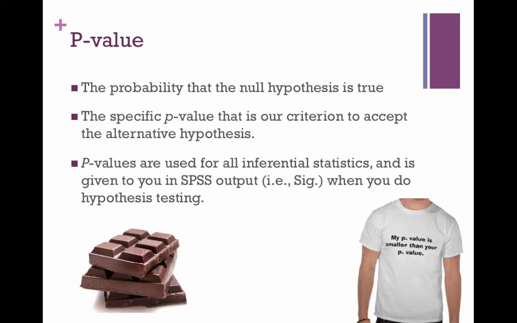If you get a p-value of 0.01, then this is telling you that the null hypothesis is true about 1% of the time. And so p-values are used for all inferential statistics, all of the hypothesis testing that we're going to learn. And it's given to you only through SPSS.